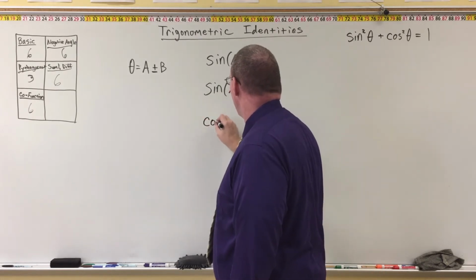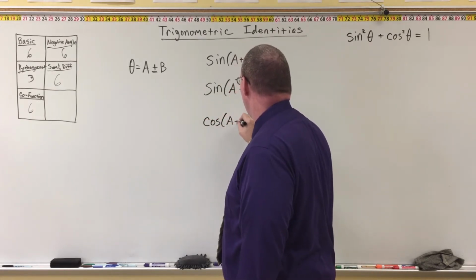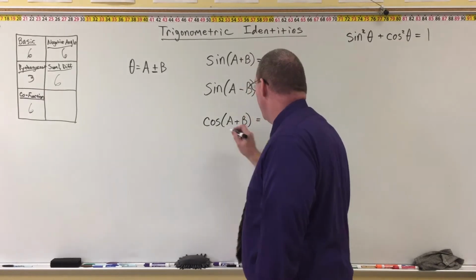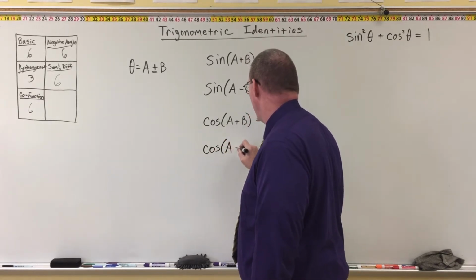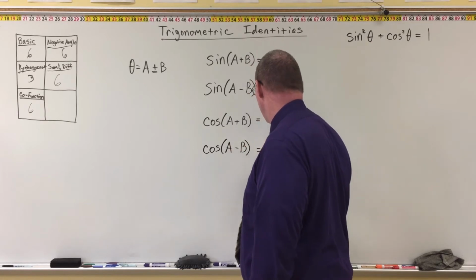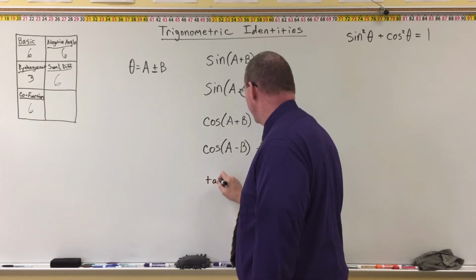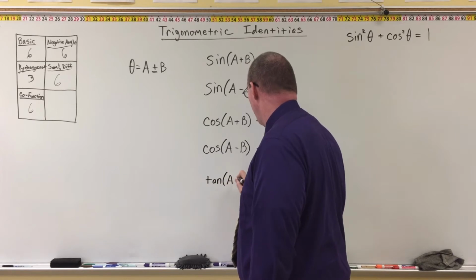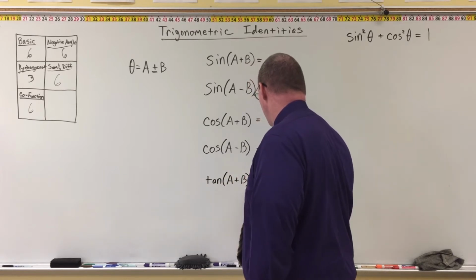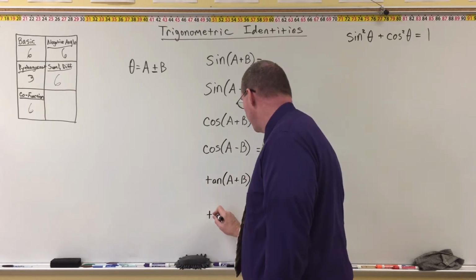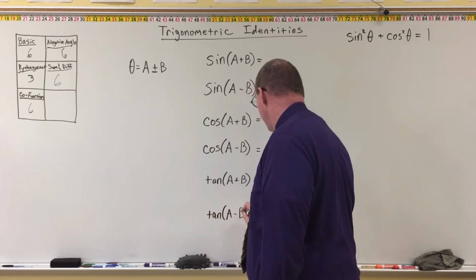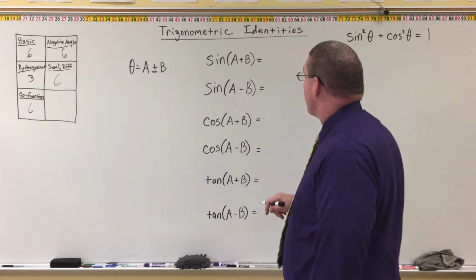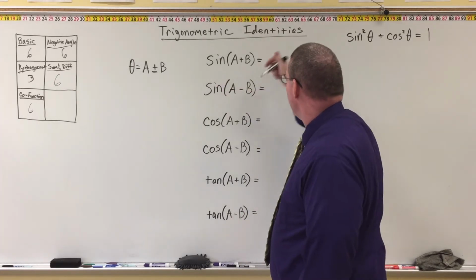Then we'll do cosine of A plus B, and then the difference, cosine of A minus B, and then tangent of A plus B, and then we'll do the identity for tangent of A minus B. Okay?